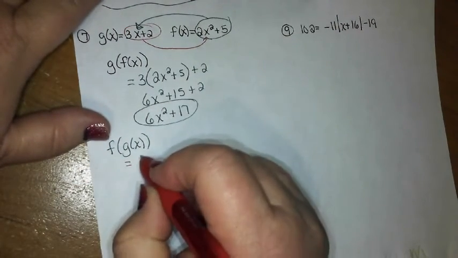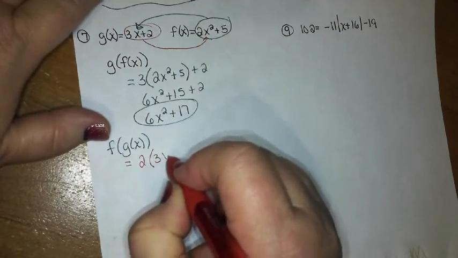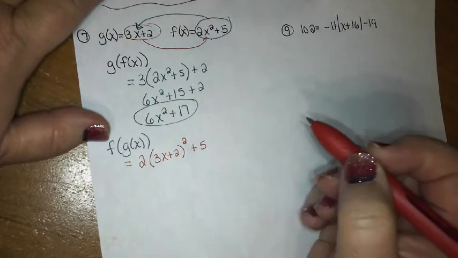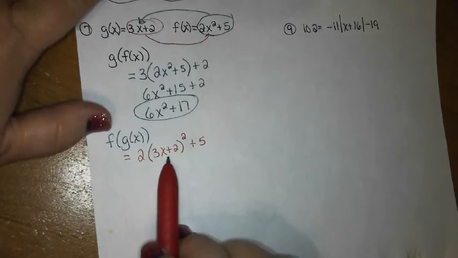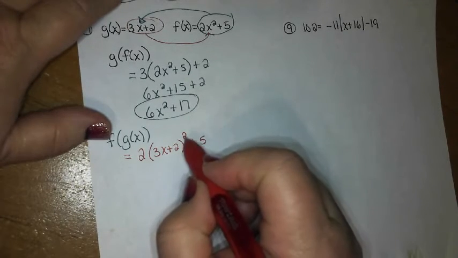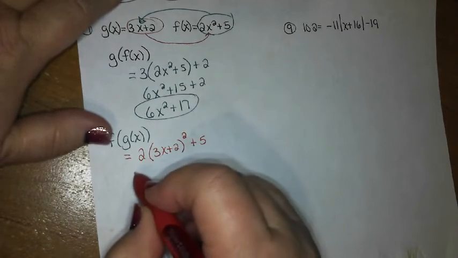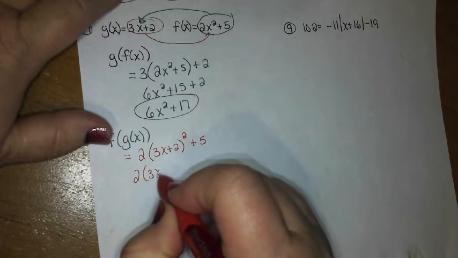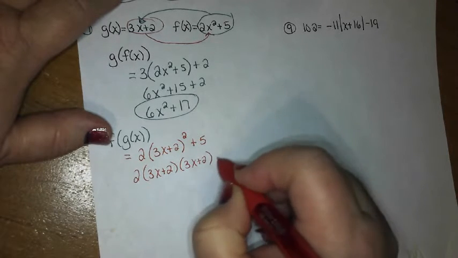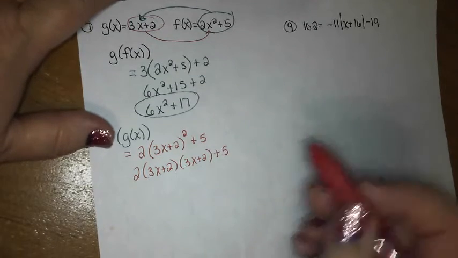So this time I'm going to say 2, parentheses, 3x plus 2 squared plus 5. Always be careful when you're squaring this, because a lot of people make the mistake of just squaring 3 and squaring 2. So remember, you want to write it twice and FOIL. And don't forget that plus 5 at the end.